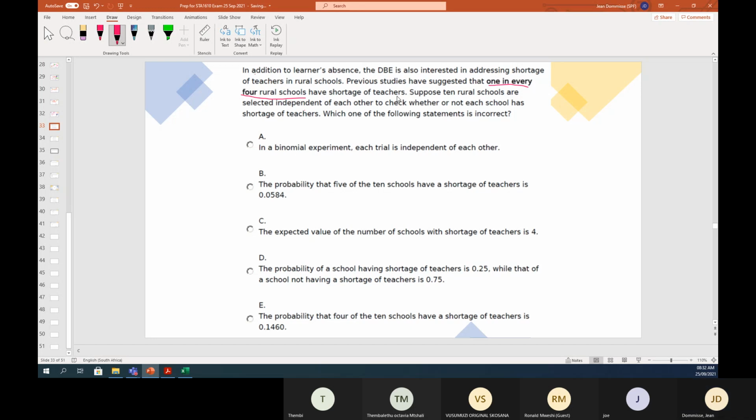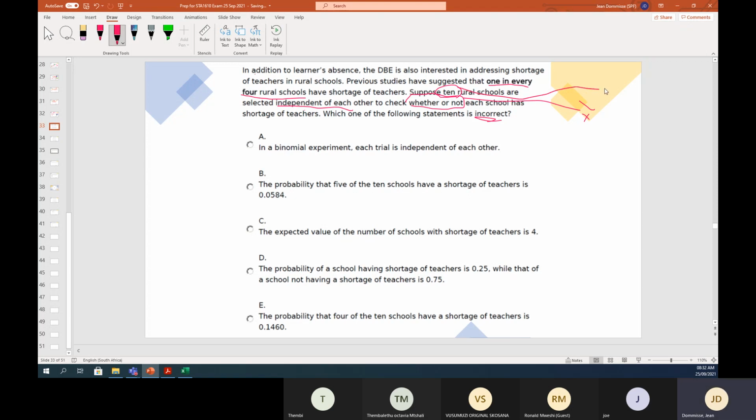Suppose 10 rural schools are selected independent of each other to check whether or not each school has a shortage. Which one of the following statements is incorrect? Okay, so whether or not, that basically tells me it's a yes or a no. So that gives me the binomial.